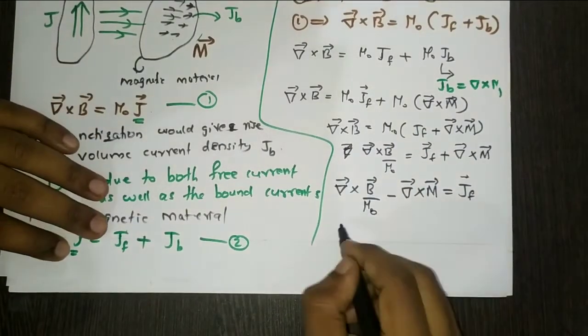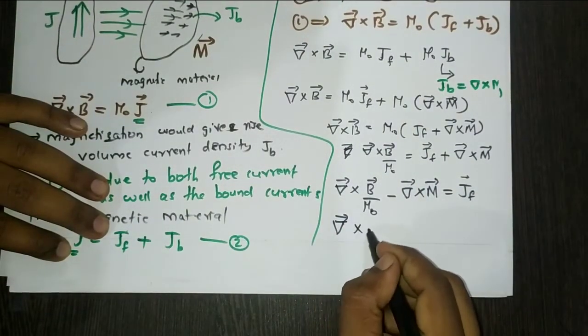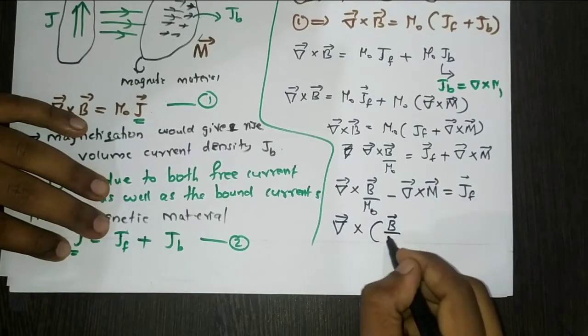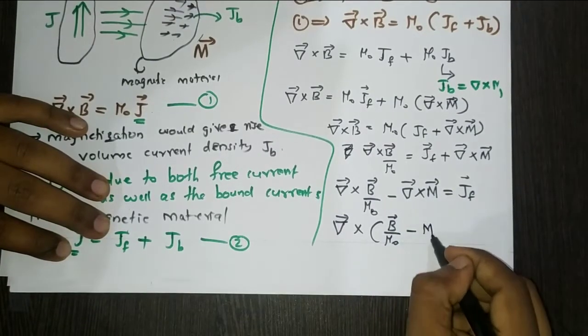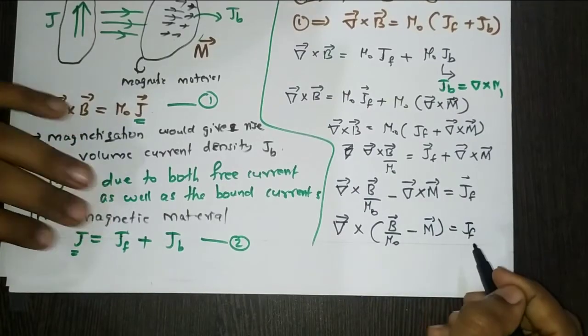From this, you can take del cross common outside: del cross of B by mu 0 minus M equals the free current.